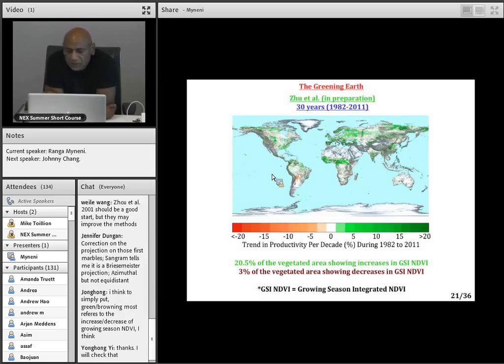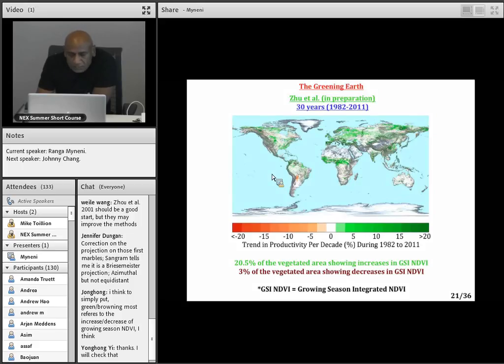And so you're looking at trends in this. What is shocking is that you are seeing that the planet is greening. Actually, 20% of the vegetated area shows increases in growing season integrated NDVI in the latest improved version of Dr. Tucker's NDVI dataset. And only 3% of the vegetated area shows decreases in this surrogate variable of vegetation production.